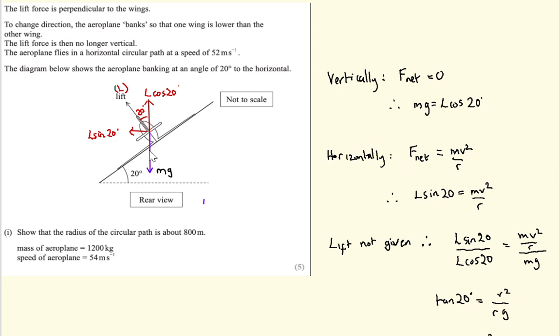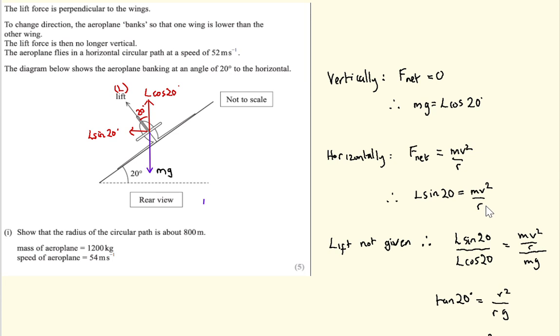So the net force is L sine 20, and that produces a centripetal force which causes the object to move in a circular path. So L sine 20 is the net force, and that equals mv squared over r. Now in this scenario, you can find L, and then you plug in L, you know m, you know the speed as given, therefore you can rearrange for r.